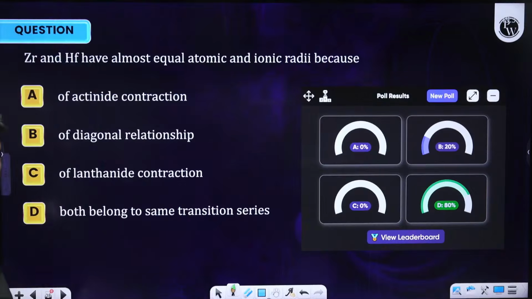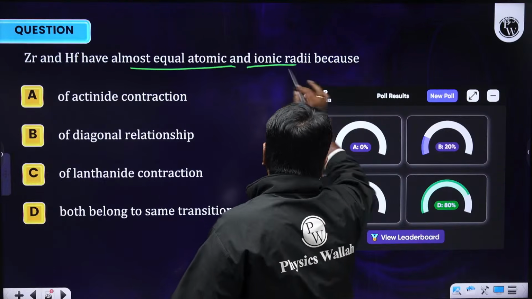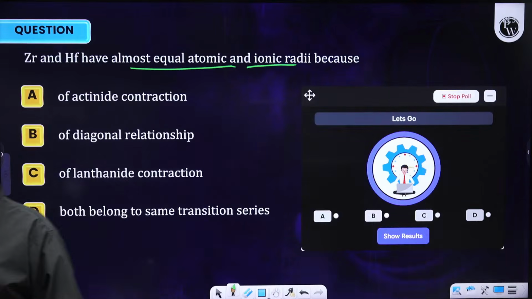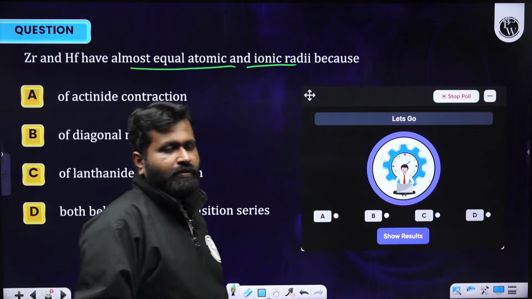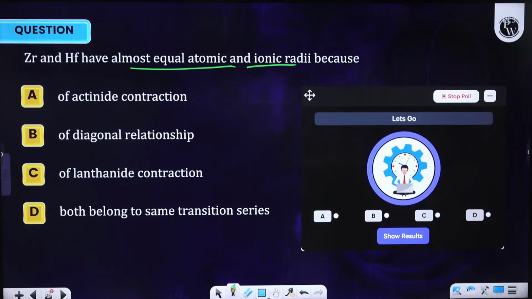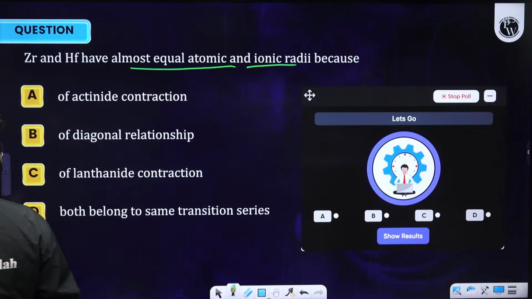Zirconium and osmium have almost equal atomic and ionic radii.